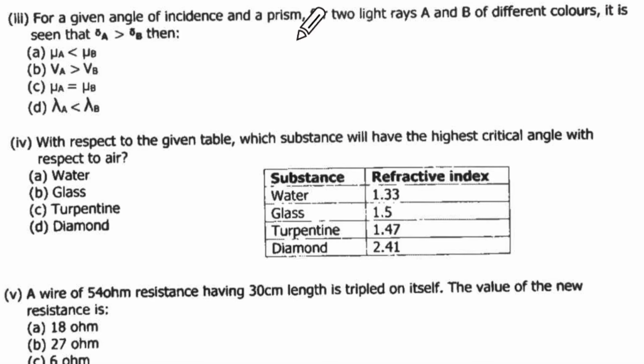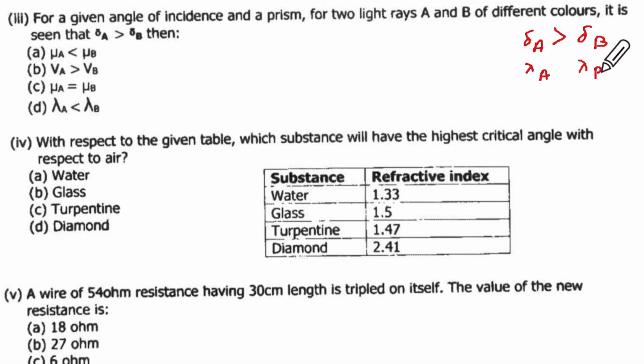Okay. What do they say? For the given angle of incidence and a prism, the two light rays A and B of different colors, it is seen that delta A is greater than delta B. Now remember, delta A is greater than delta B. Now delta and lambda, how are they connected?